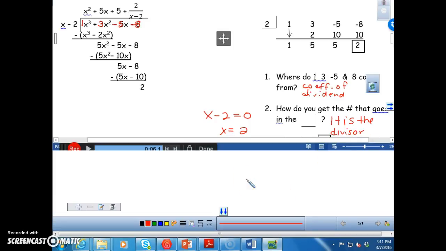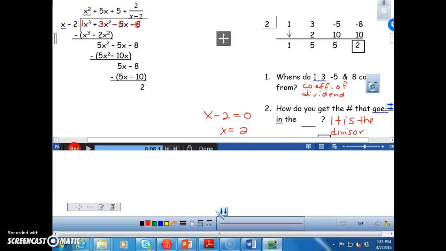So when we take the factor x minus 2, set it to 0, and solve, it's from the divisor.